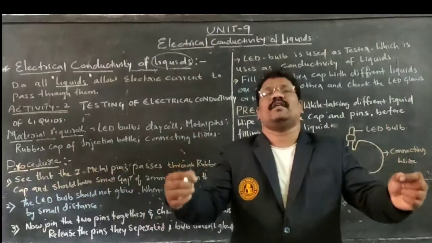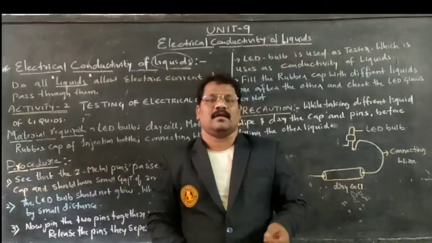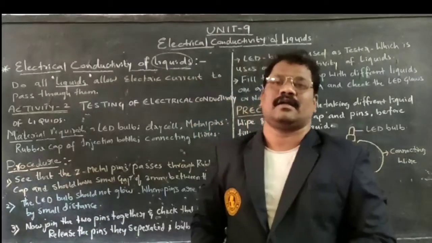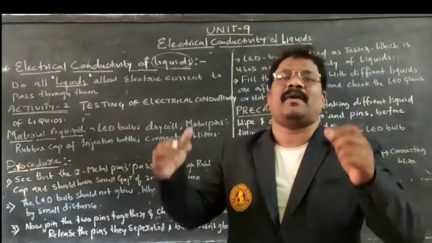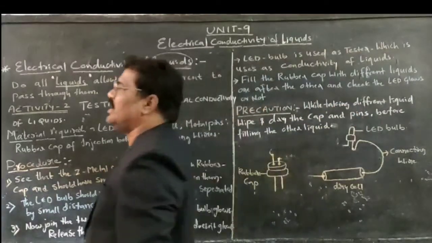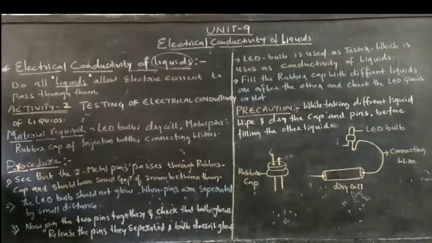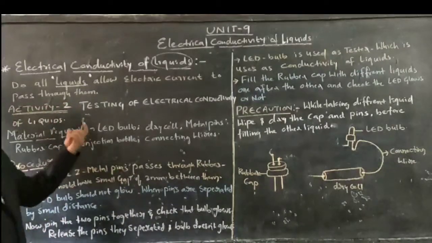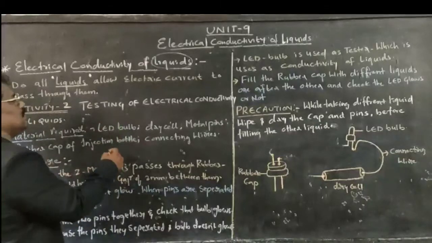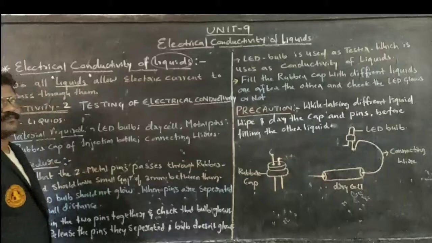To test whether a liquid is a good conductor or a bad conductor, we are going to perform an activity. That activity is given in our textbook as activity 2: testing the electrical conductivity of liquids.